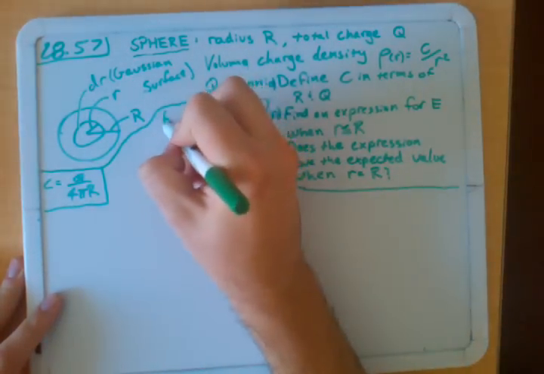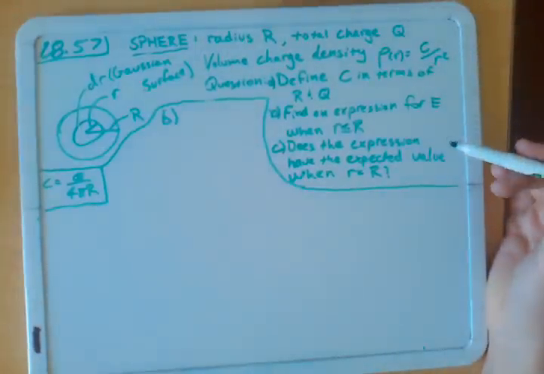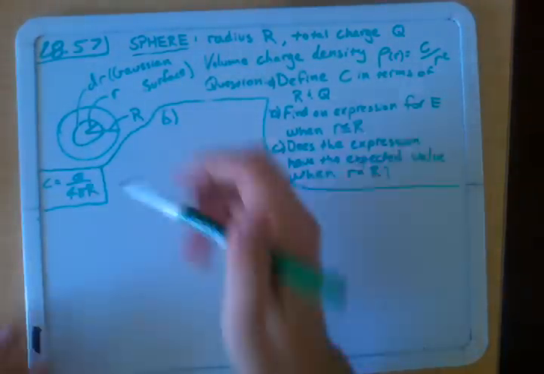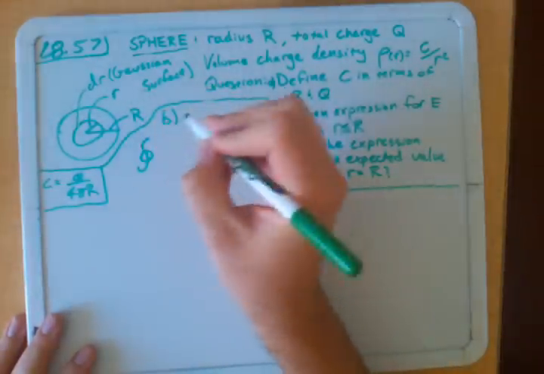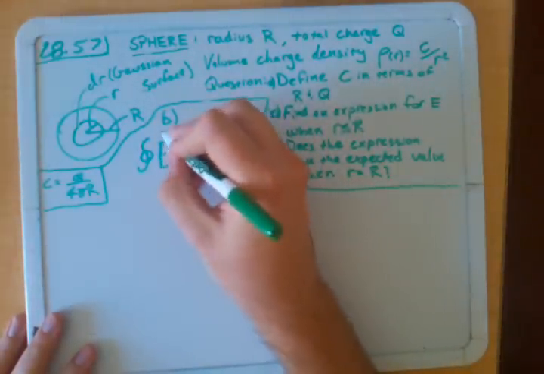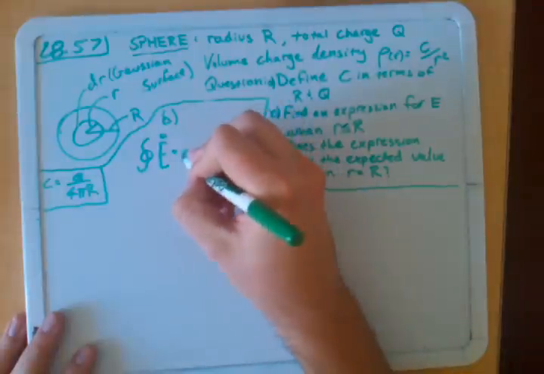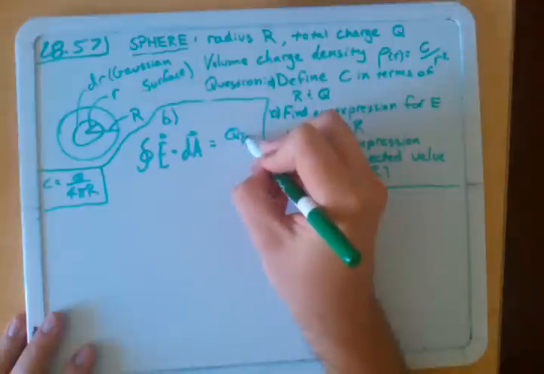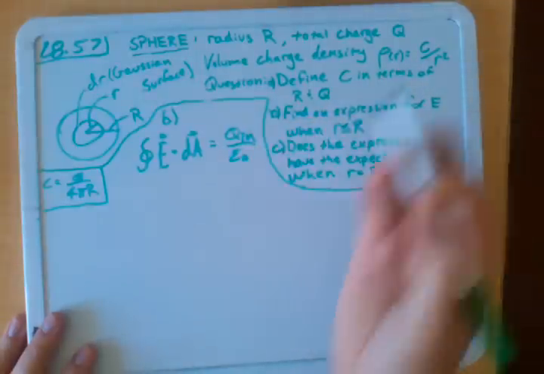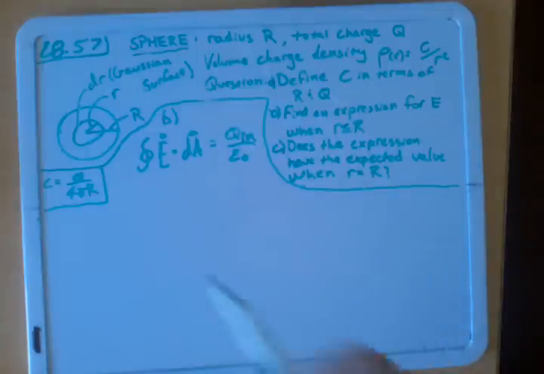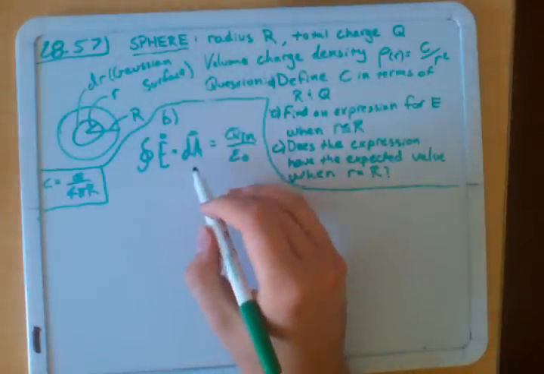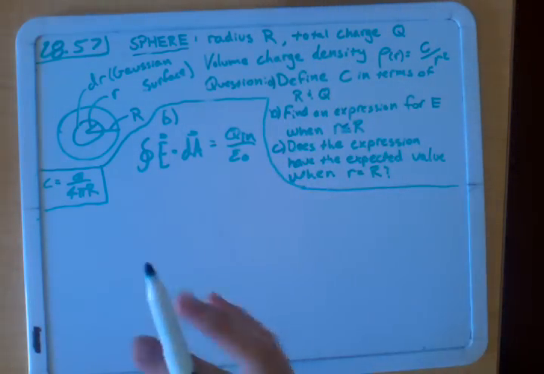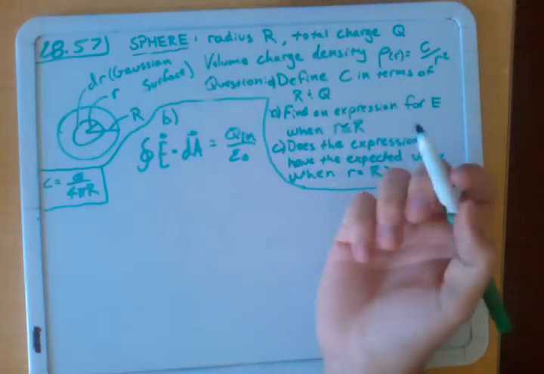Okay, so now part B is asking, find an expression for E when r, the little r, is less than big R. So in this case, let us look back and see that the closed integral of the electric field dotted with area equals the enclosed charge over epsilon naught. So we know that with this Gaussian surface, if we integrate once over the area, it's going to give us 4 pi r squared. And since it's a Gaussian surface that applies to this situation, the dot product is removed.